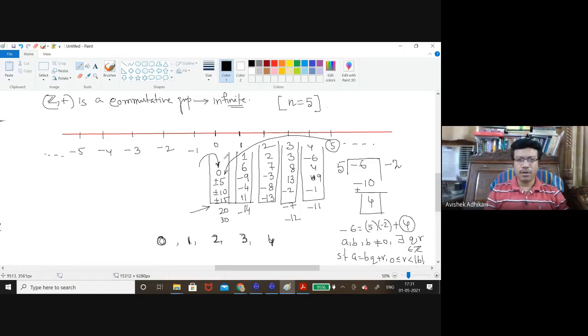Now, from each of these buckets, you can choose a leader. For example, you can choose 0 to be a leader of this set, and sometimes we write it like this. Some of the authors write a cap on it because they are leaders. So you can write like this, and consider a set.